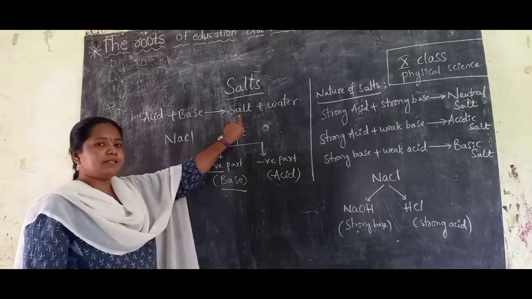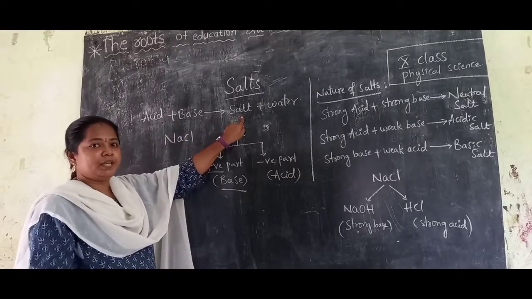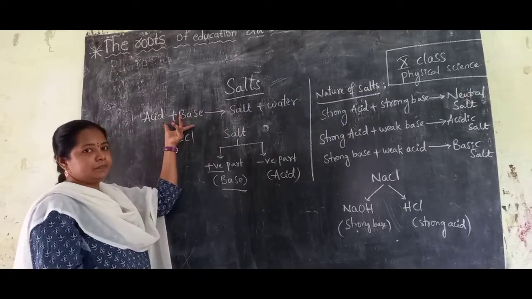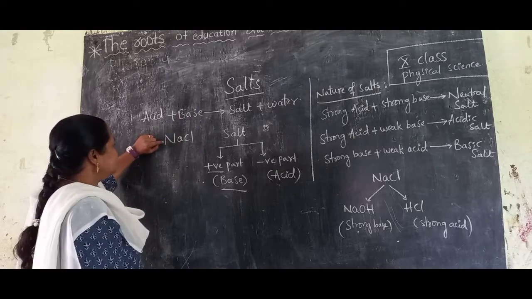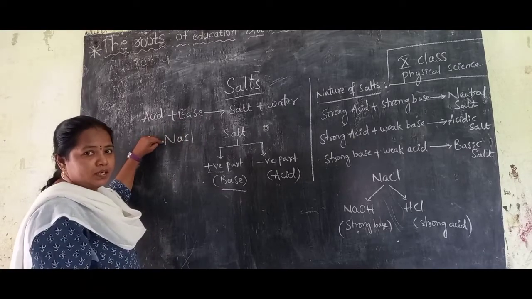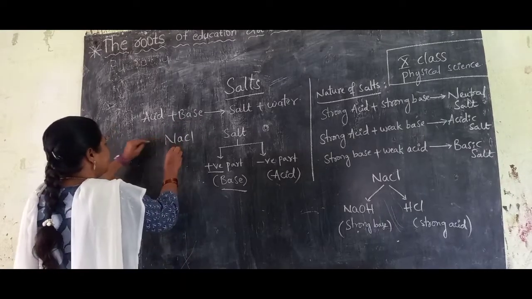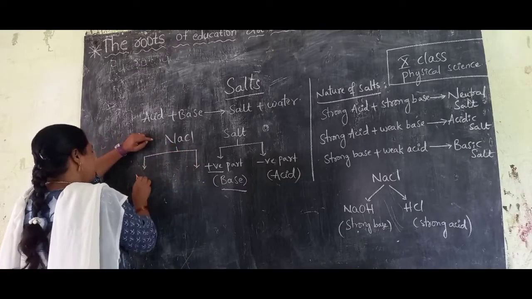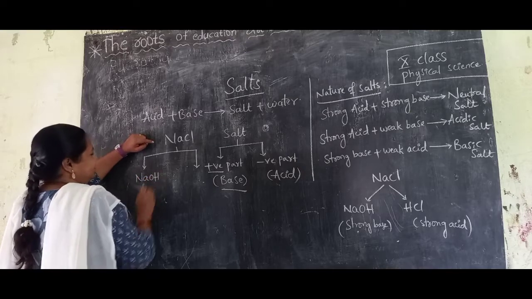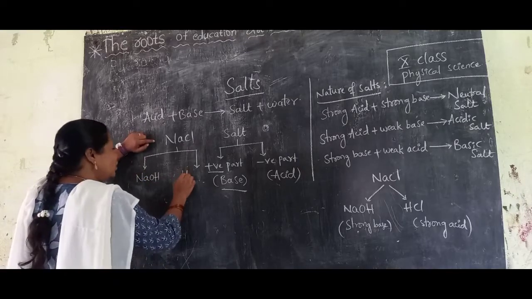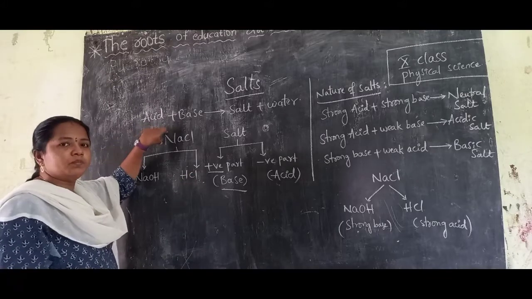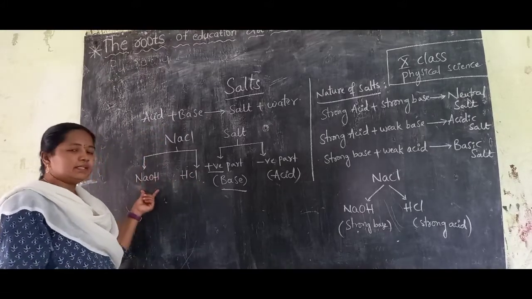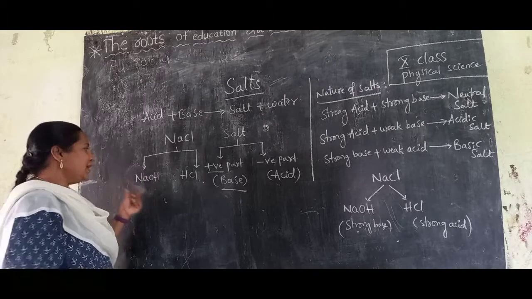I have already said that a salt is formed during the chemical reaction between acid and base. Sodium chloride is formed from sodium hydroxide and hydrochloric acid. This salt is formed from an acid, hydrochloric acid, and a base, sodium hydroxide.